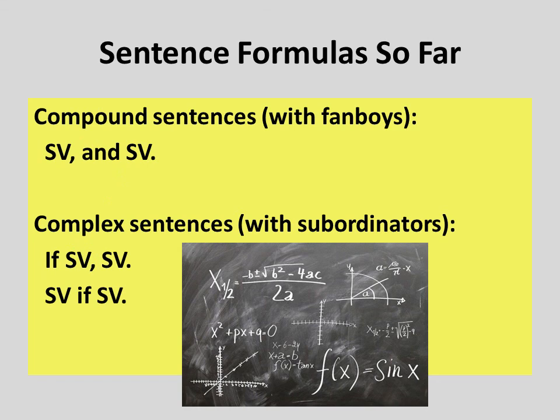So just like math, grammar has formulas. I don't know if that makes you happy or sad, but I hope this helps you. I think it's easier to view sentences and their punctuation with the formulas. So enjoy as much as you can.